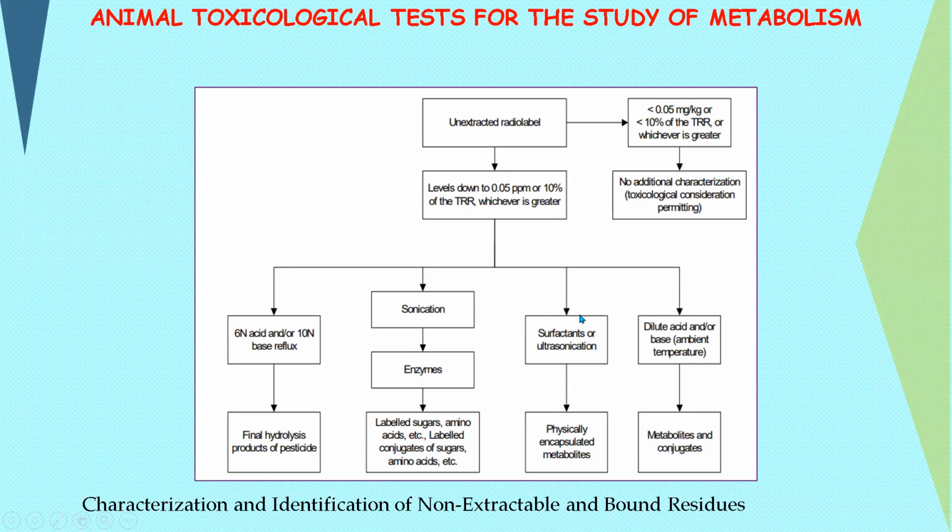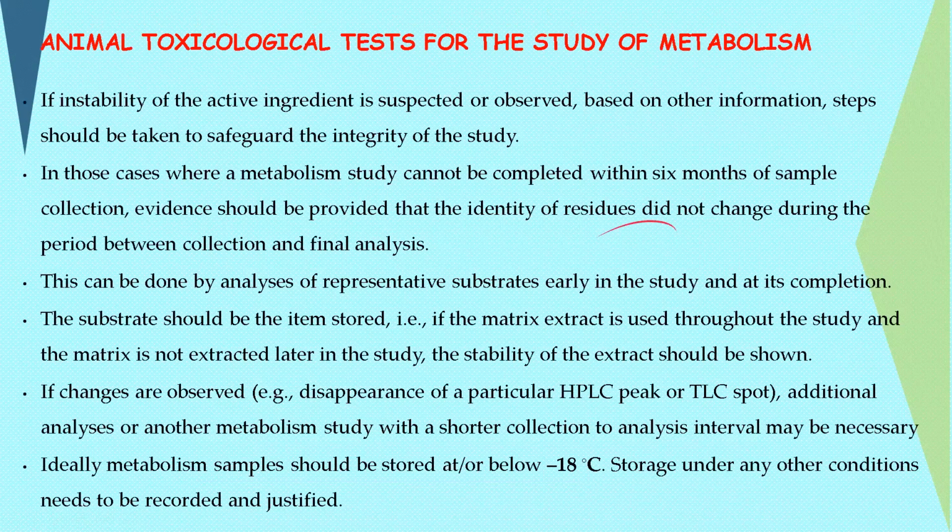Or else they need to be bonded with surfactants for ultrasonication, then physically encapsulated for the metabolites, or else diluted with acid or base at ambient temperature. Then the metabolites and conjugates are formed, and these need to be estimated.